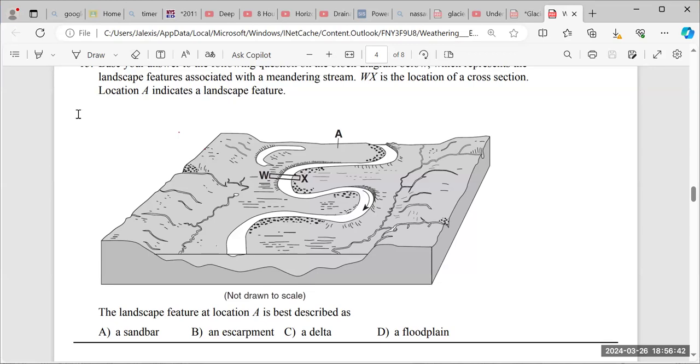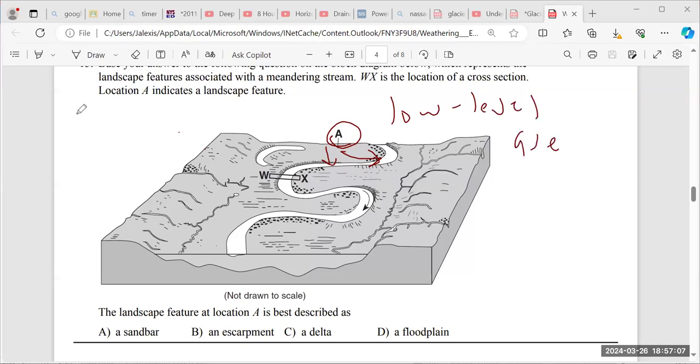So we know that this is definitely a low level area taking place at A. A low level area next to a meandering stream definitely is a floodplain.